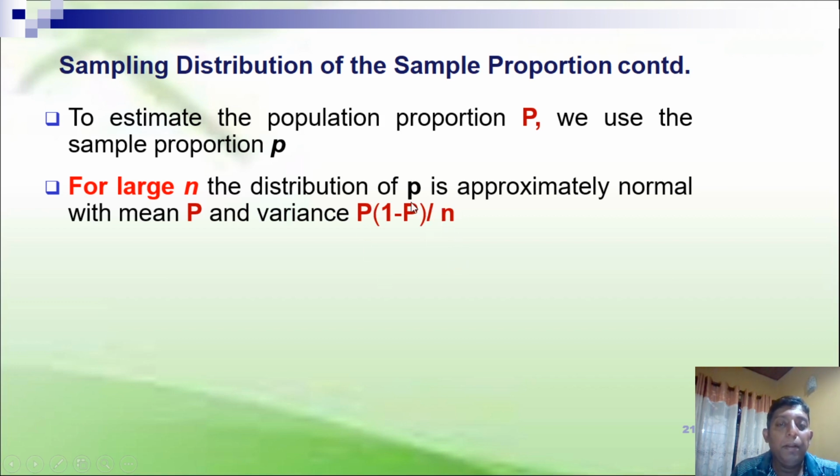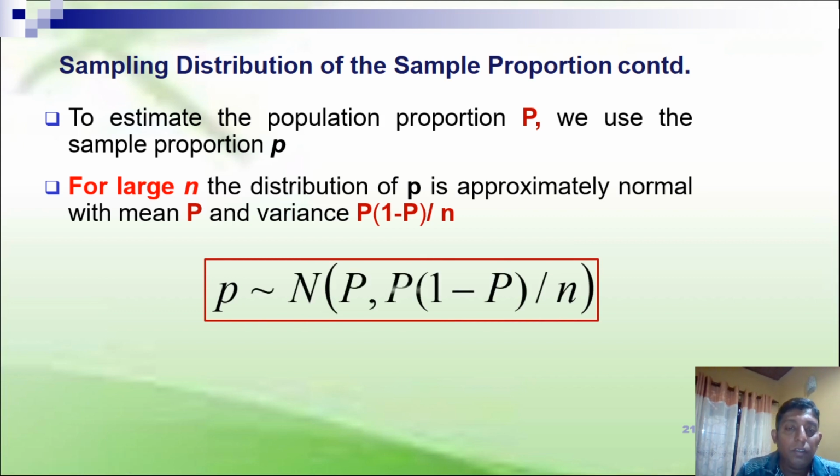Here it says that simple p follows normal with mean P and variance equal to P times 1 minus P over n. Here P indicates the population proportion. Therefore, we can write this result as: sample proportion p follows normal, where the mean value is equivalent to the population proportion, and the variance can also be calculated using the population proportion P as P times 1 minus P over n.